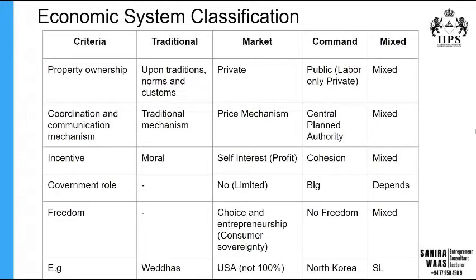In a market economy, the price mechanism is the only tool used to solve these three economic problems, whereas in a command economy, the central plan authority, which I mentioned in the previous slide, is the pioneer body used to solve these three economic problems.